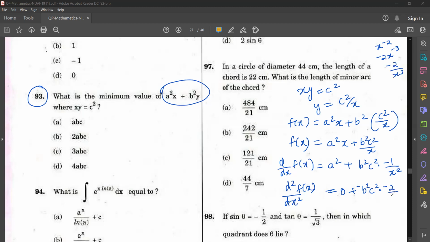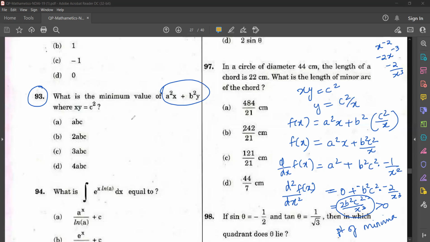So you'll get 2b square c square by x cube. Okay, so see, the value is positive. Value is greater than 0 means there exists a point of minima.